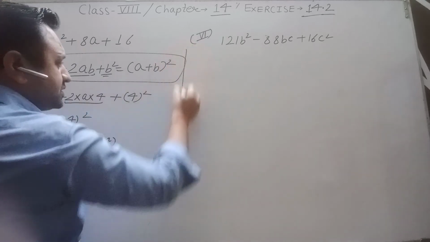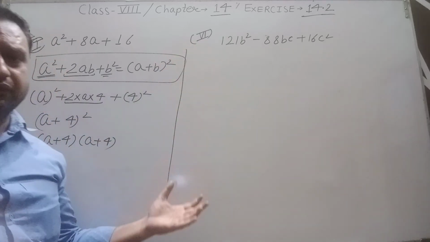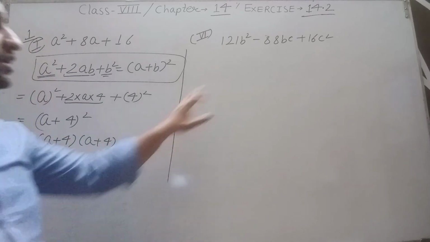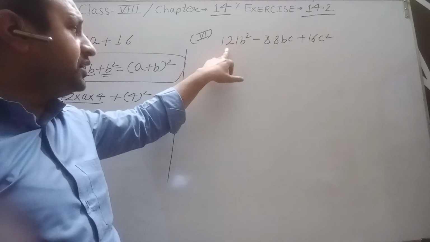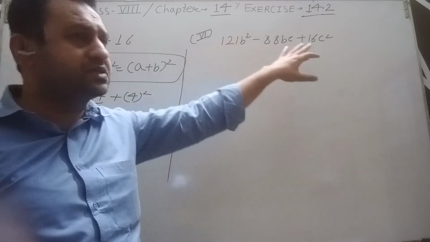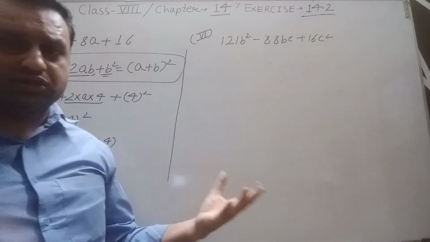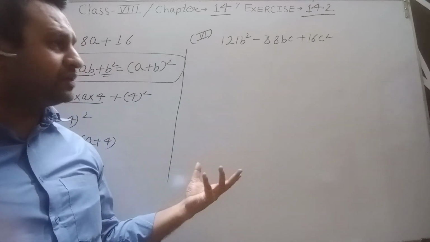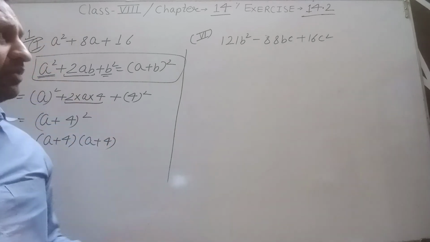Now we discuss its sixth part. It also contains 3 terms and we observe that there is no variable as a common, and for the numbers 121, 88, 16 we can't take any number as a common. You can check, find out their HCF and their HCF is 1, so we can't take any number as a common.